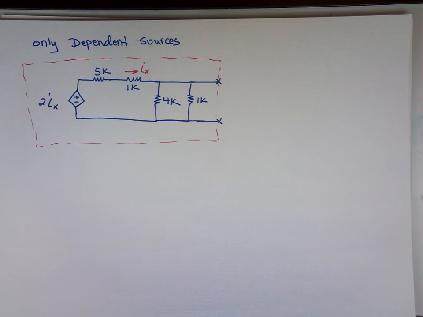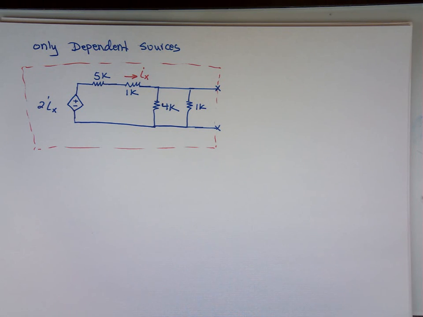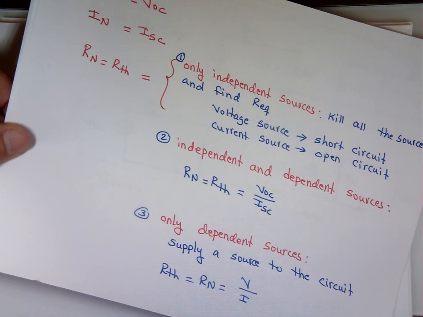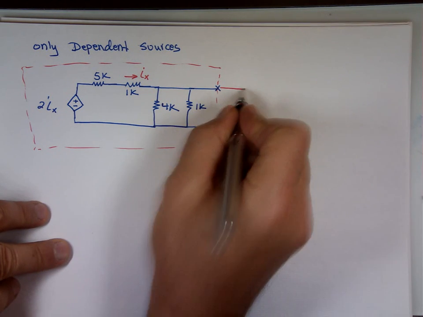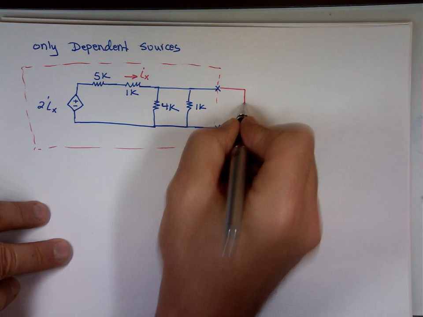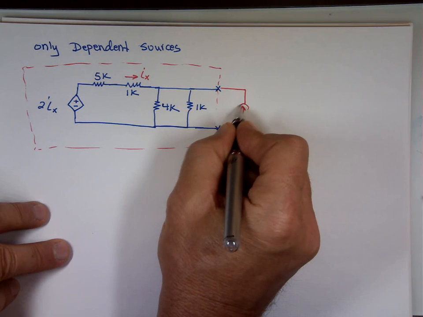So what my technique says here, the one I summarized, is when you only have dependent sources, we need to apply or supply a source to the circuit. And so we're going to add either a voltage or a current source on this end. And since that's in parallel, it makes sense to add a current source. Why? Because I can use source transformation and make my problem easier.